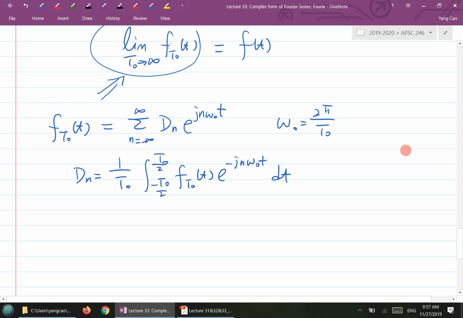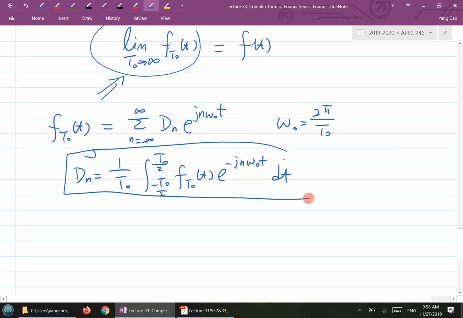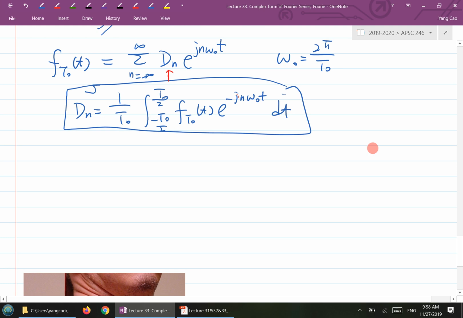So then what I'm going to do is this. I will substitute this one into this expression. This expression is the complex form for the Fourier series. So I'm going to substitute this one into this summation.